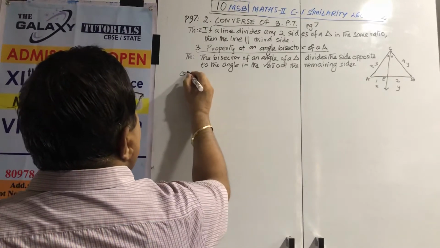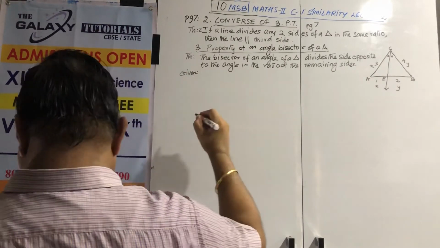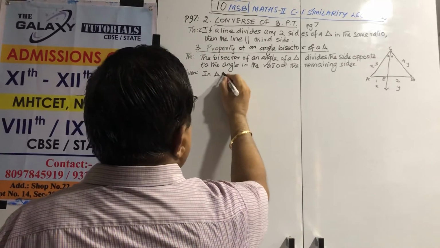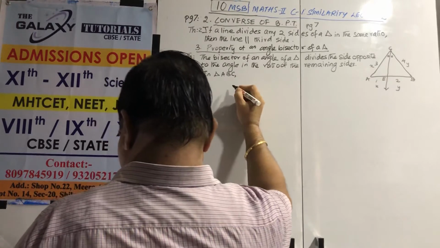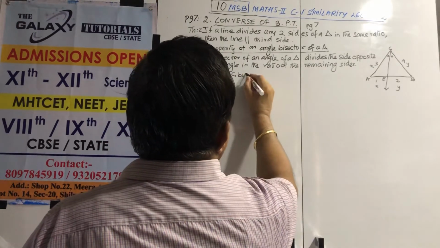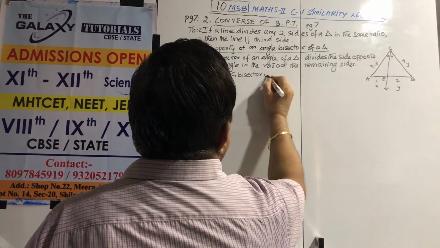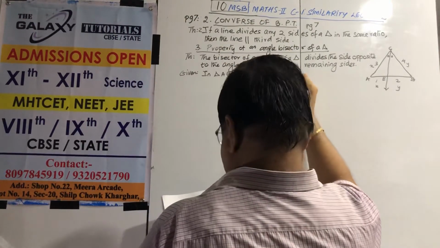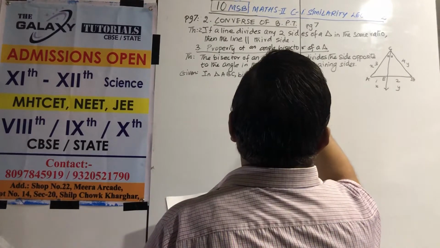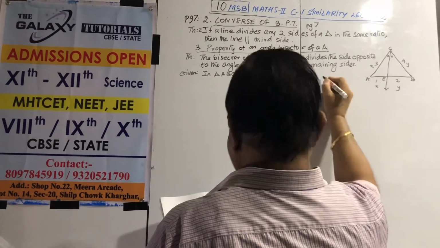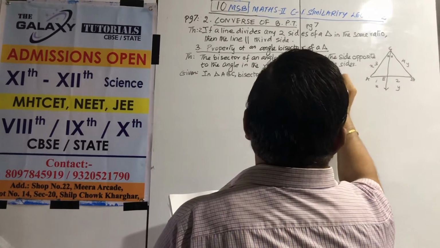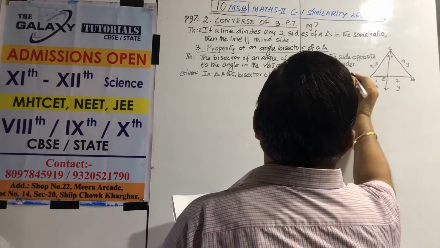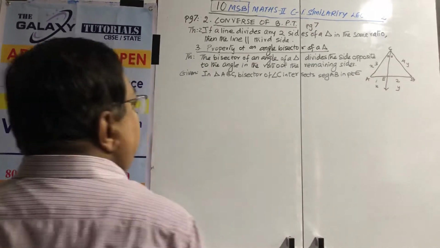So, given, okay, in triangle ABC, the bisector of angle C intersects segment AB, okay, at point E. That is what they have told me.